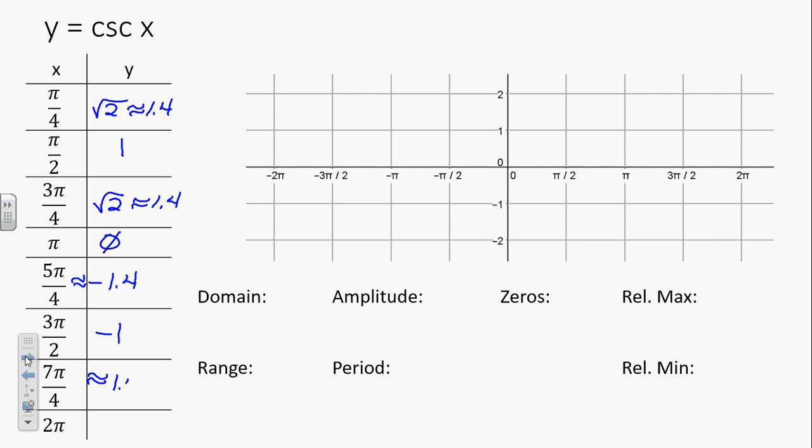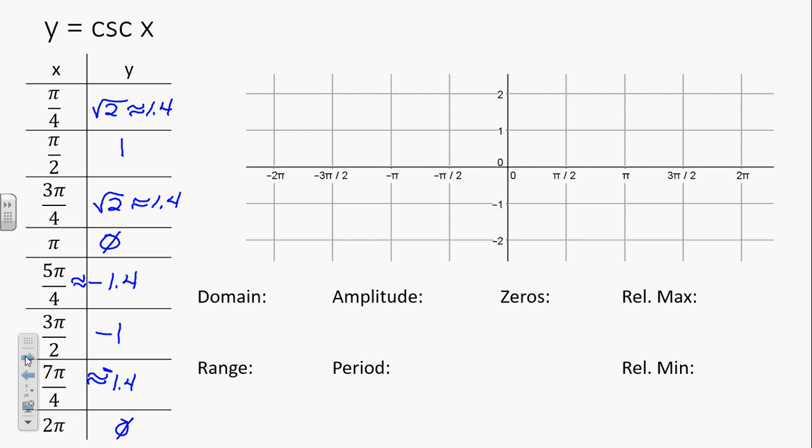We're in the fourth quadrant now, and cosecant is still negative. And then finally at 2 pi, what happens? Undefined again, isn't it? Not possible, empty set.